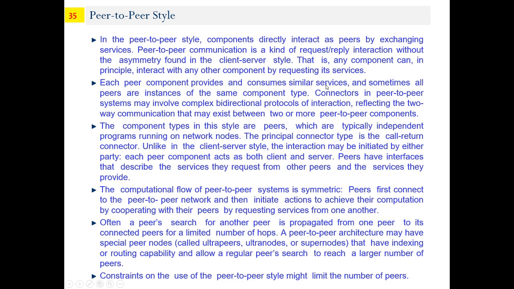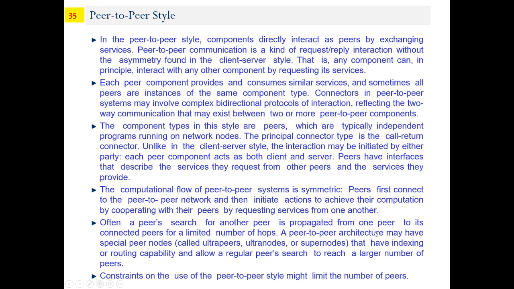The peer-to-peer communication flow is symmetric, right? One peer's search for another peer is propagated from one peer to its connected peer for a limited number of hops. If within those hops the peer is not identified, then the search will continue to the next hop.